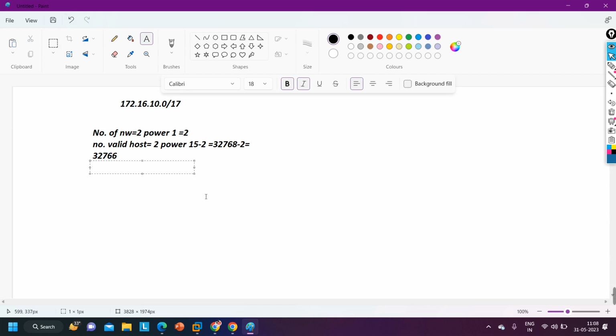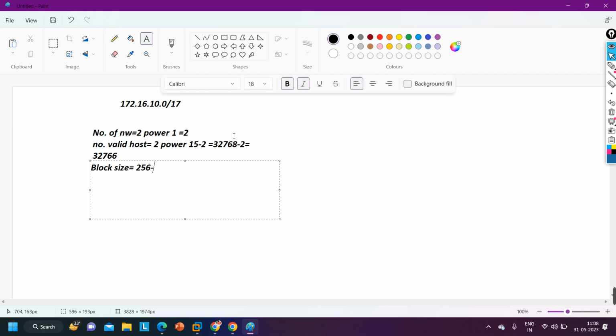After that, block size. Block size will be 256 minus the subnet mask of the last octet.